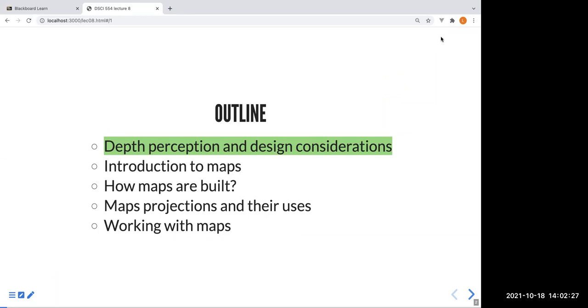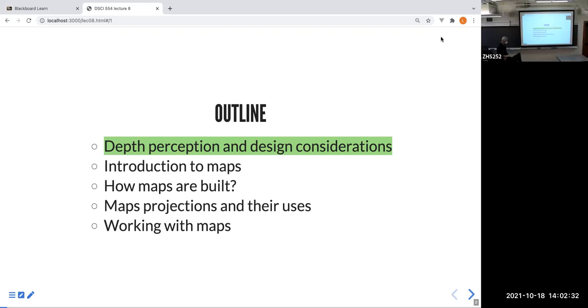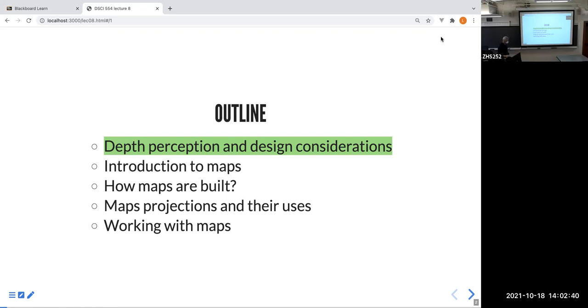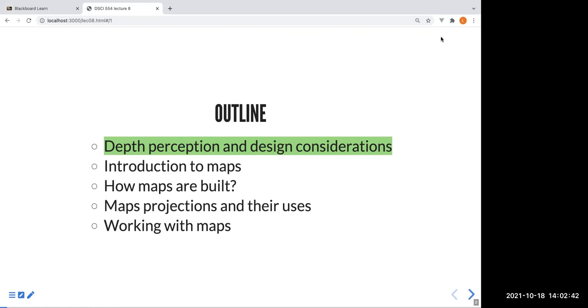And then the second part is a little bit more detailed because it introduces the maps, how you create maps. And that's important because, as we'll see, the math of creating the maps is important.